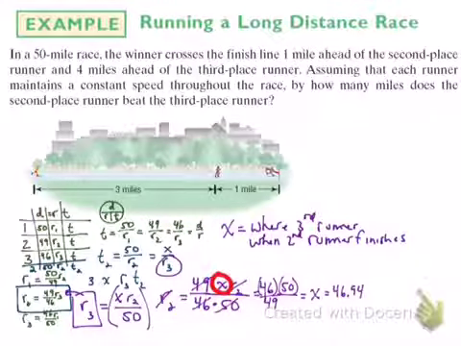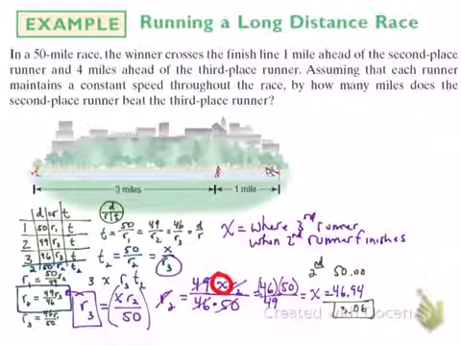So the second runner actually just finished the 50 miler, so the second runner is at 50 miles. And the third runner is at 46.94, so if I subtract them, I find out what the difference is between them. So that ends up being 3.06 miles behind the second runner when he finishes.